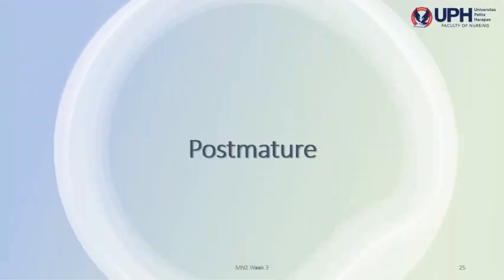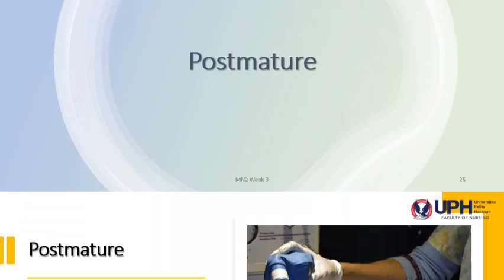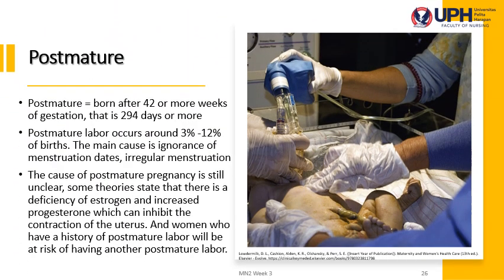Now we move on to the postmature. In the postmature, from the word itself, we know that postmature babies are the babies who are born after 42 weeks, or more than the term stage. And it could occur in 3 to 12% of births, and the main cause is actually the ignorance of the menstrual dates as well as irregular menstruation.